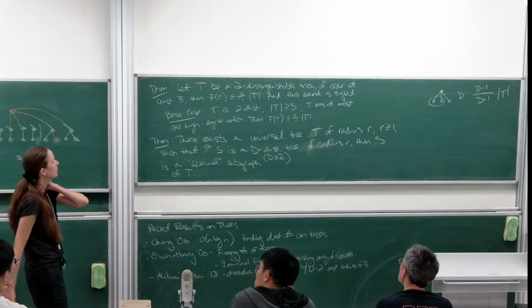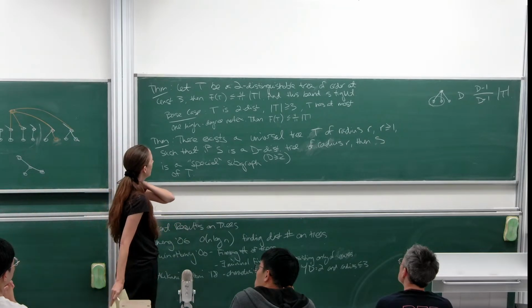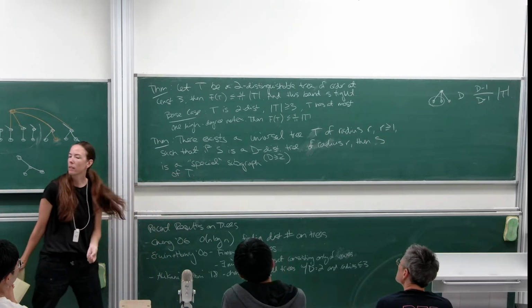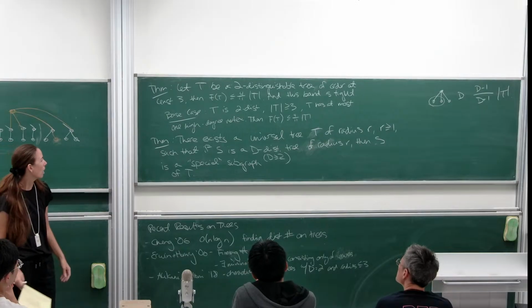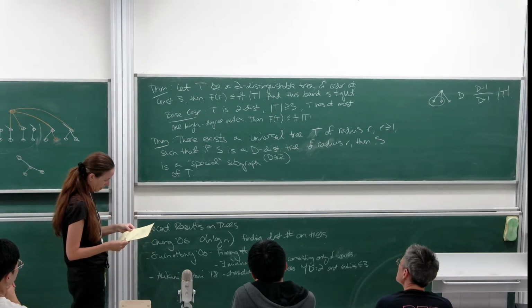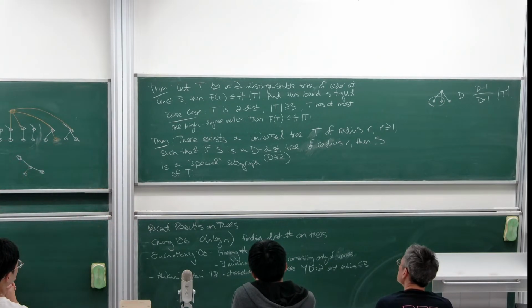A consequence of this is that the maximum degree of something like this is bounded by its distinguishing number and by its radius, by a function of d.